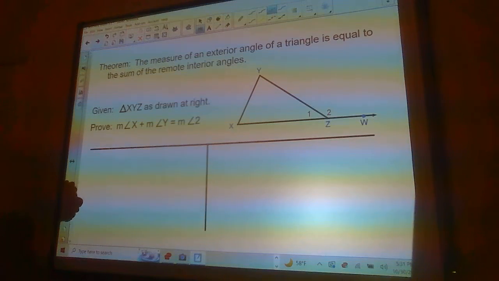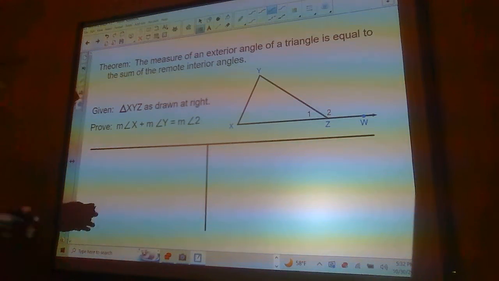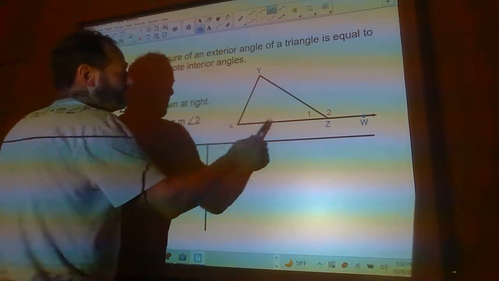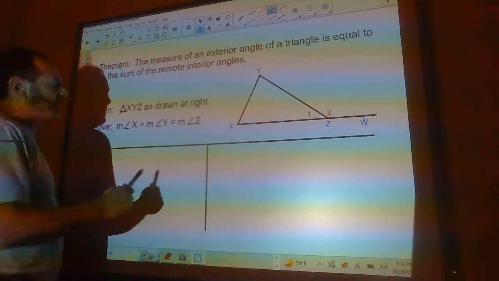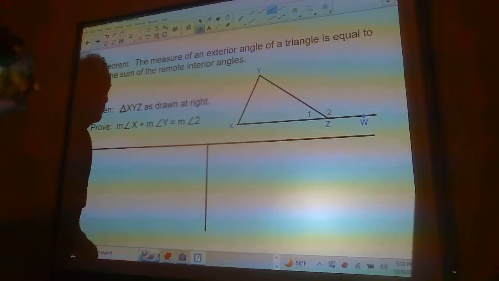All right, theorem. The measure of an exterior angle of a triangle is equal to the sum of the remote interior angles. So what we want to prove here, we've drawn triangle XYZ and we've extended one side so that we have an exterior angle, that's angle 2.